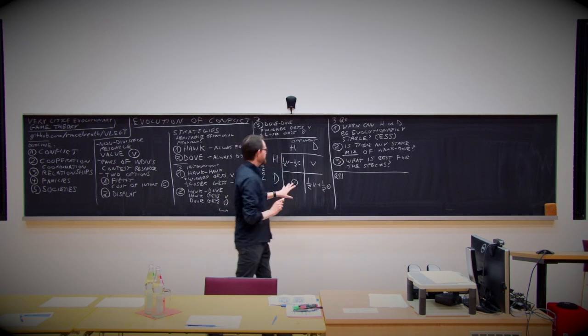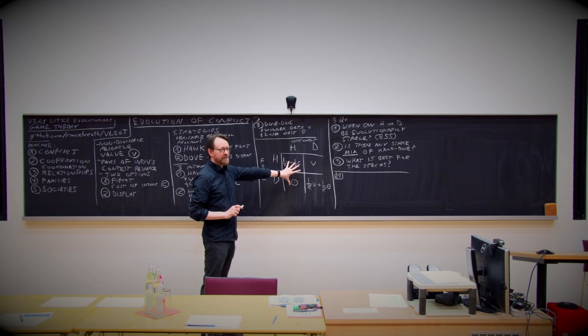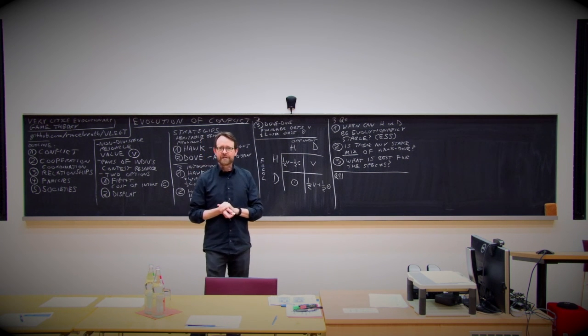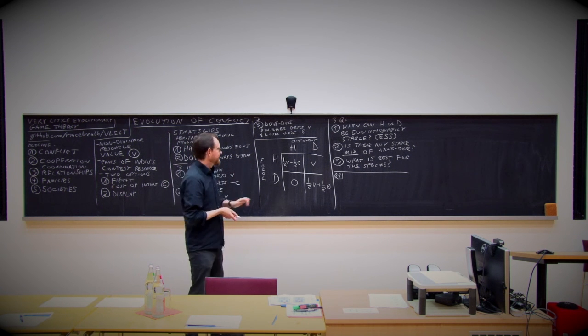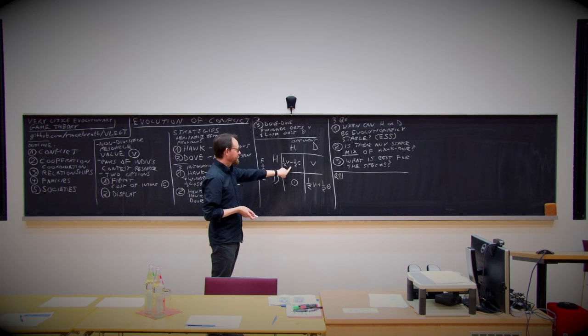To answer this, you could really just stare at the matrix here. So let me show you how to do this. The way to think about it is, there's a population of hawks. And the first thing to figure out is, well, what are the hawks getting when they're common? And that's hawk, right? So this is what hawks get when they're common.